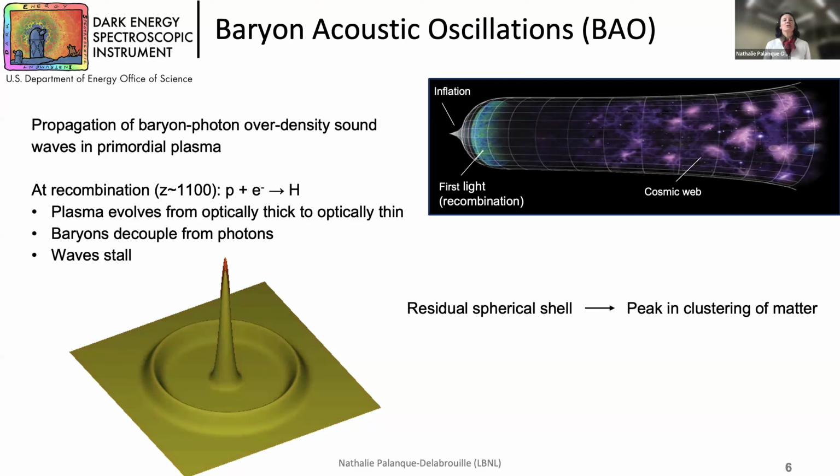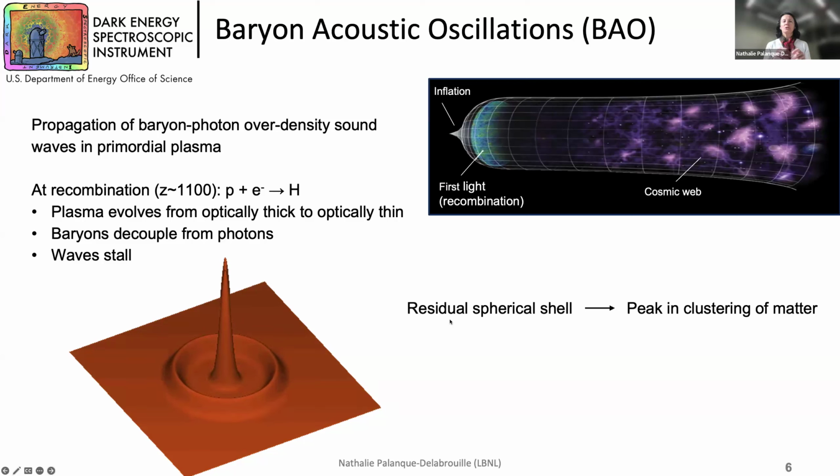They arise from the propagation of baryon-photon overdensity sound waves in the primordial plasma, just as in any plasma. At recombination, when the temperature of the universe has dropped sufficiently for the protons and electrons to combine and form neutral hydrogen atoms, the plasma suddenly evolves from optically thick to optically thin, which means that the waves that propagate in this plasma suddenly stall and freeze at the location they had reached.